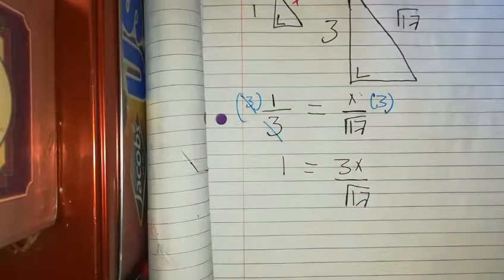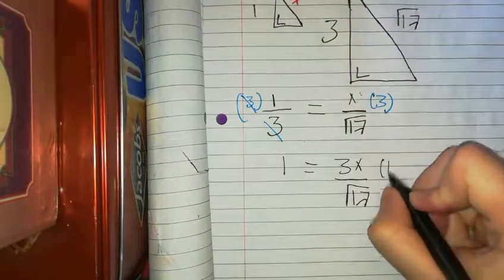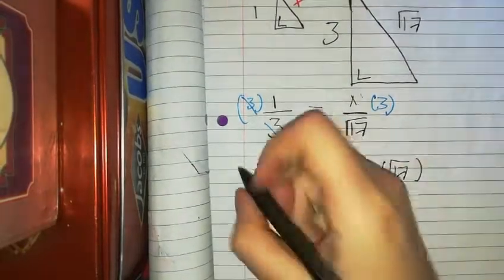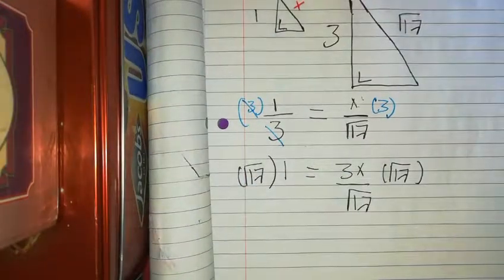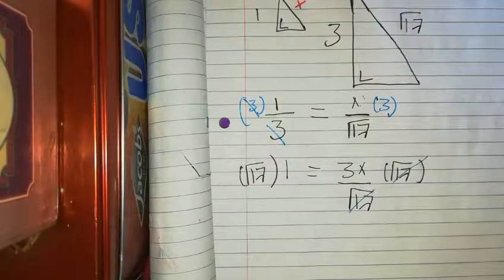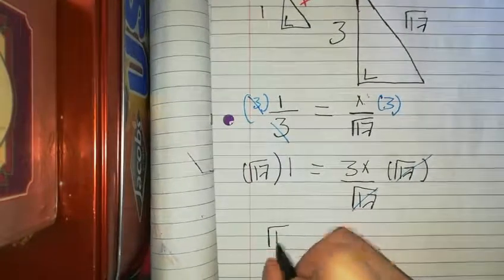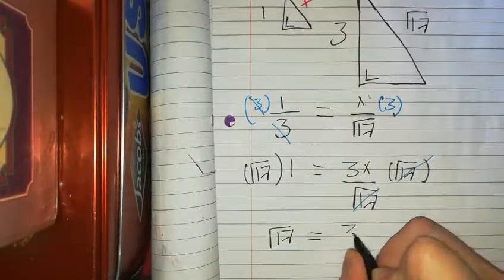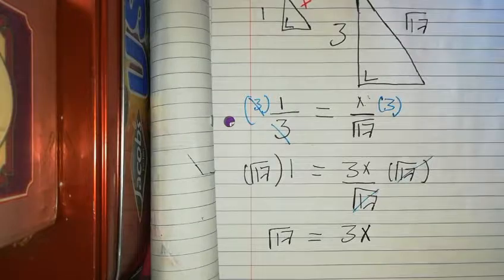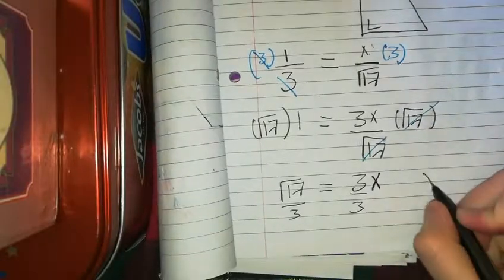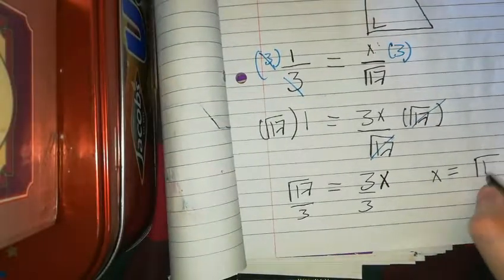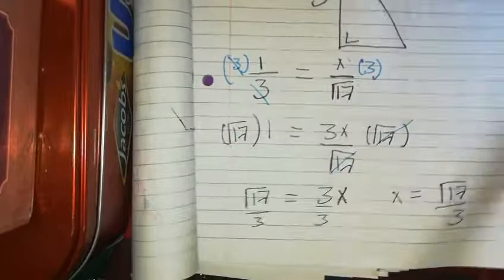Now I multiply both sides by the square root of 17, so these cancel, and I'm left with the square root of 17 is equal to 3x. To get x by itself, I divide both sides by 3. So x is equal to the square root of 17 over 3.